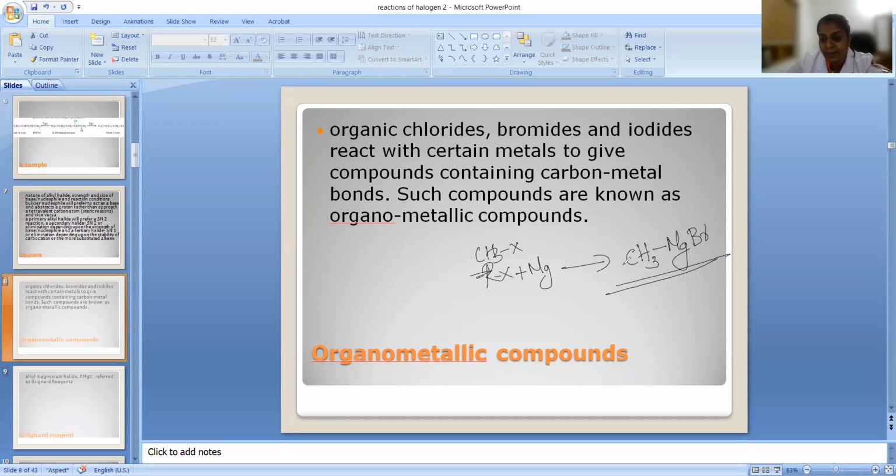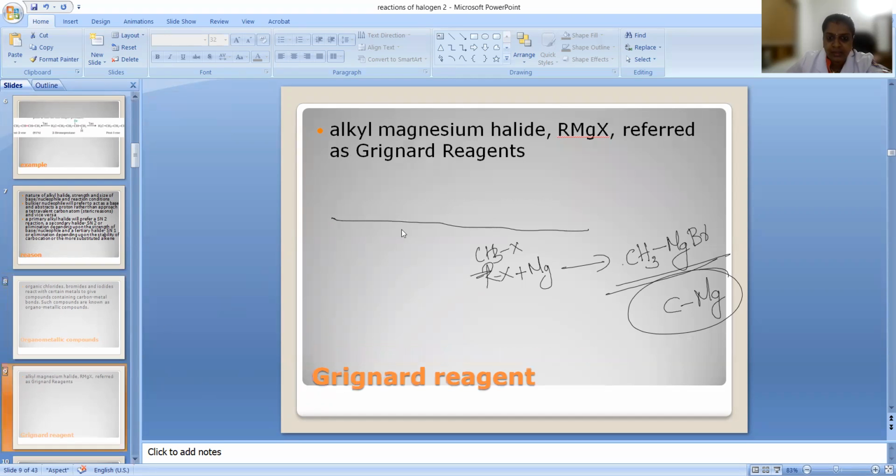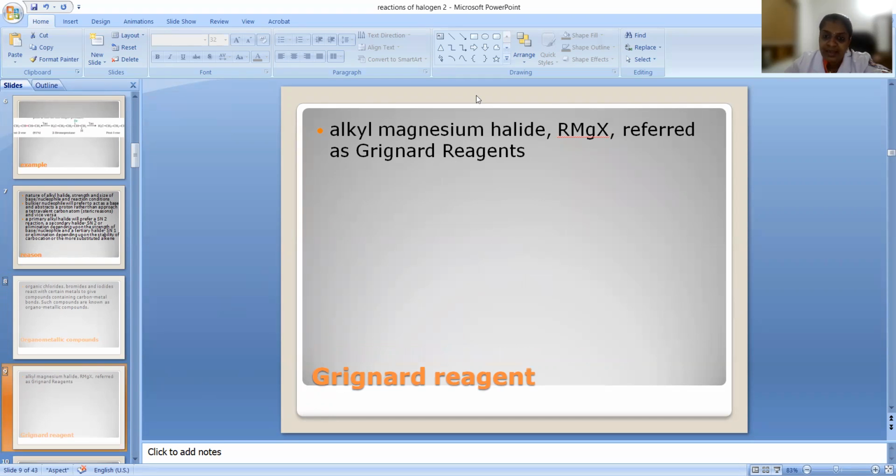The bond is between the carbon and the metal, and any compound having a carbon-metal bond is called an organometallic compound. This organometallic compound is particularly called a Grignard reagent. So RMgX, the one formed, is called a Grignard reagent.